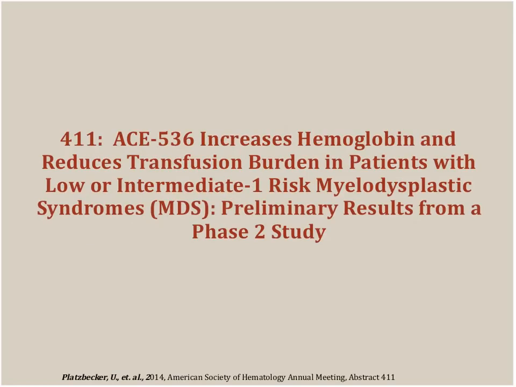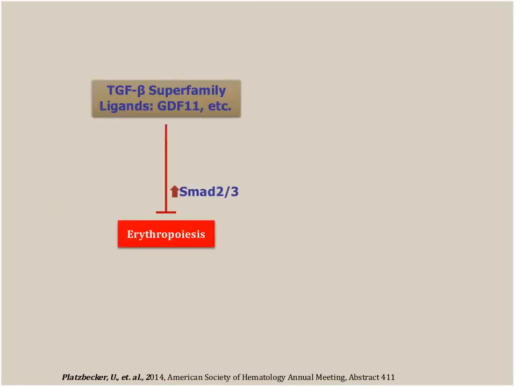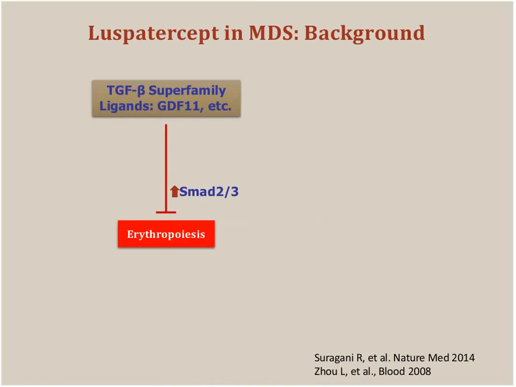The last study looks at ACE-536 in patients with low and intermediate risk MDS. Again, this is preliminary results from a phase 2. This ligand blocks receptors in the TGF-beta superfamily, which is an inhibitor of hematopoiesis.